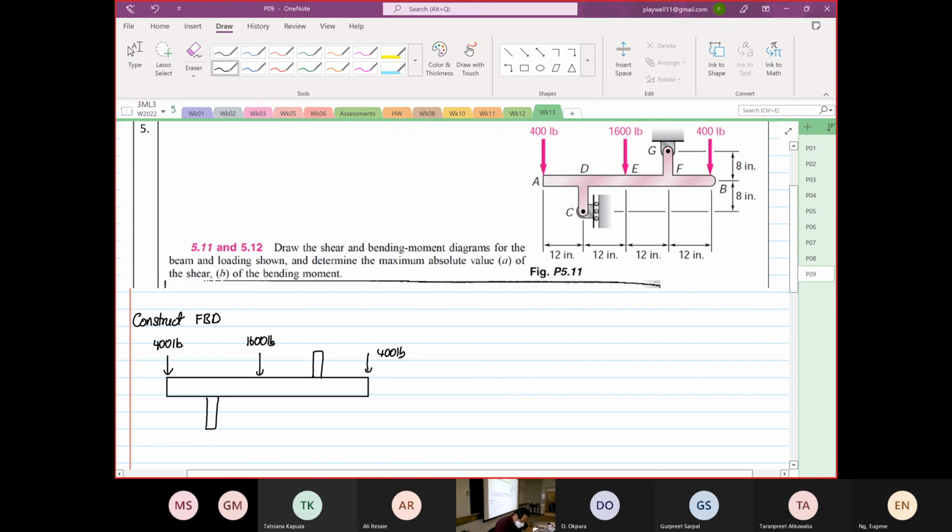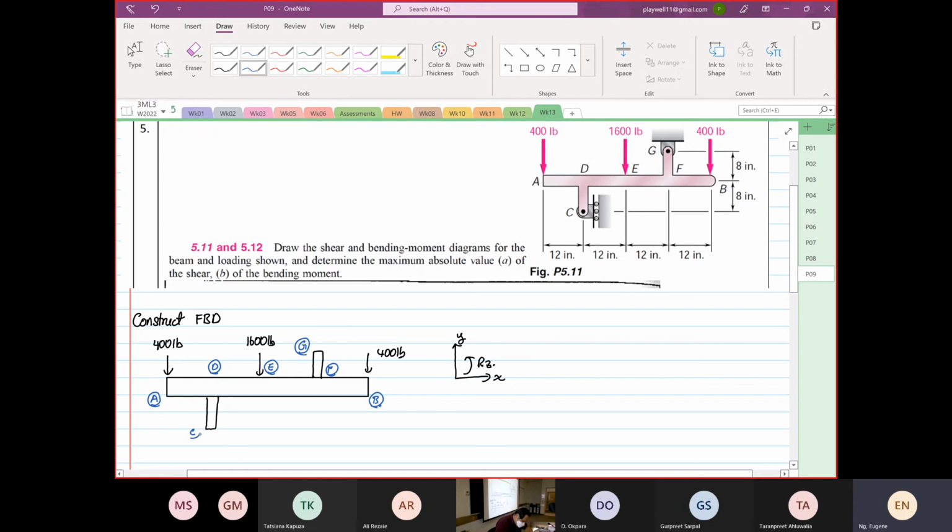Okay. So at point C, I'm going to call this X and Y, and this is rotation about Z. I'm going to label point A, point D, point E, point F, point G, and point B, right?